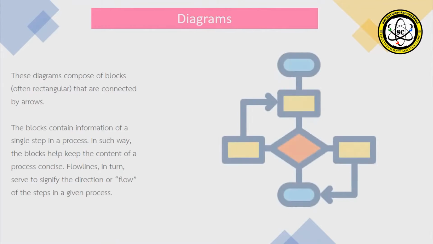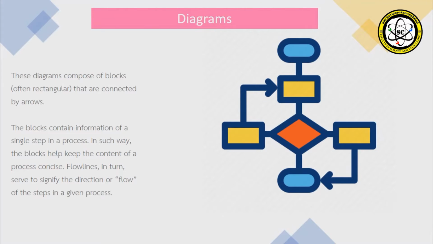These diagrams are composed of blocks that are connected by arrows. The blocks contain information of a single step in a process. In such a way, the blocks help keep the content of a process concise. Flowlines, in turn, serve to signify the direction or flow of the steps in a given process.